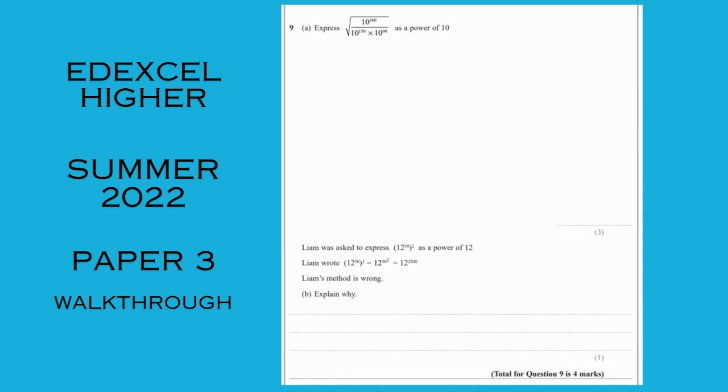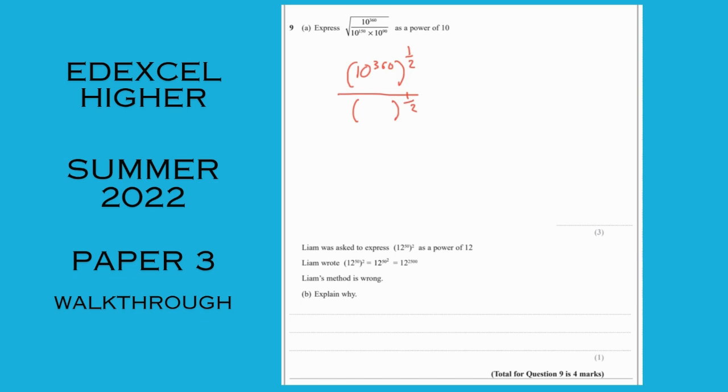This one, quite a strange one, too big to put in your calculator. So a reminder that square root means power of a half. So we need to do power of a half to the top and power of a half to the bottom.